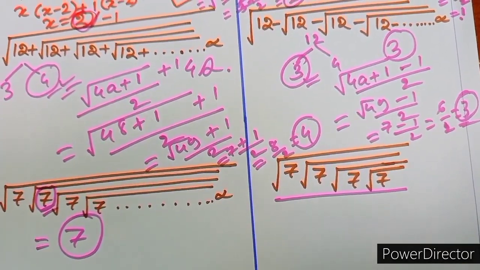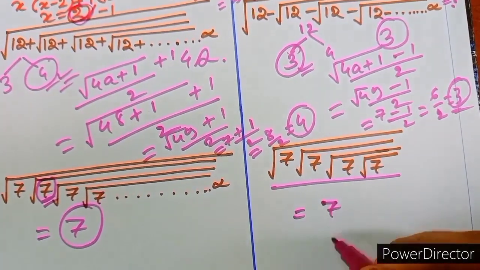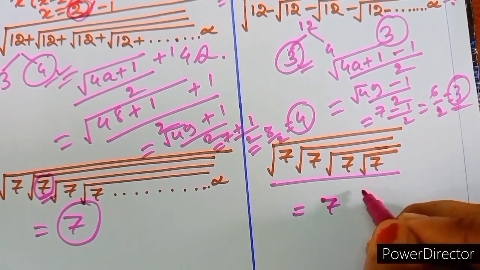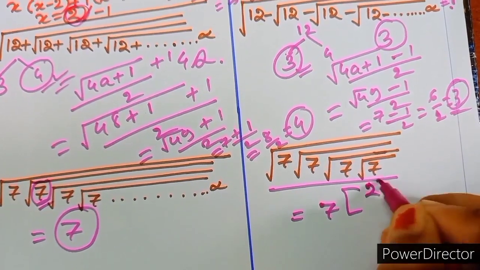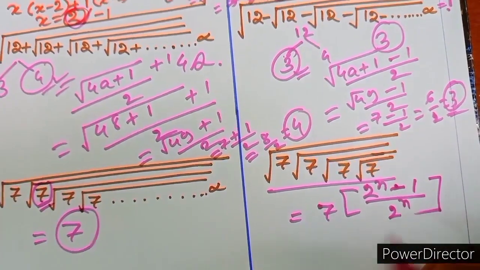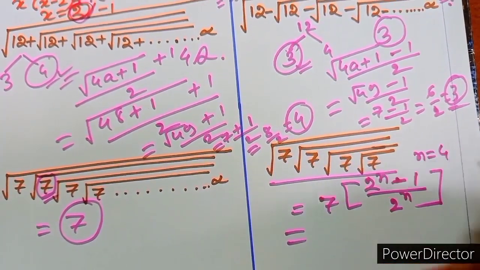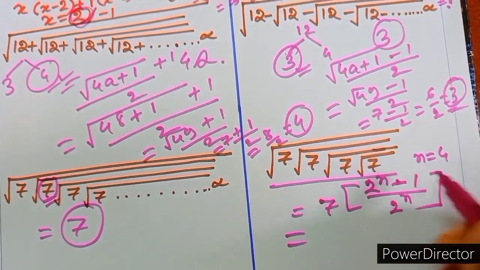So use that formula: 7 to the power of (2 to the power n minus 1) by 2 to the power n. Here n equal to 4, because here four 7s are there.